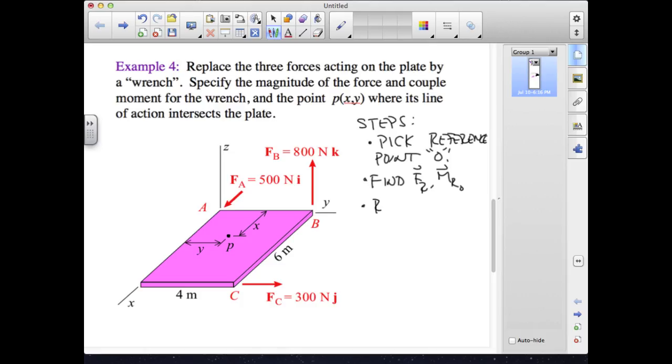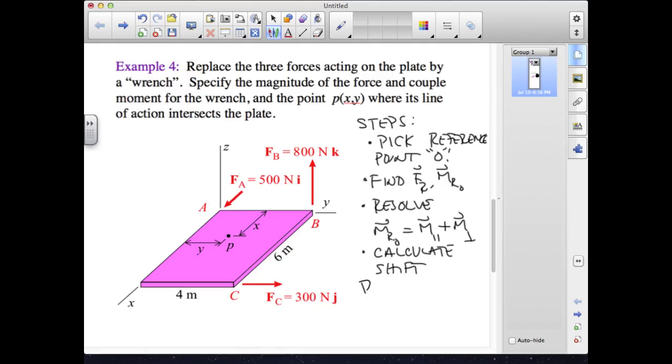Then we're going to resolve that resultant moment into parallel and perpendicular components, where the parallel component is aligned with the line of action of the resultant force. And then finally, we're going to calculate the shift to reduce this to a wrench.